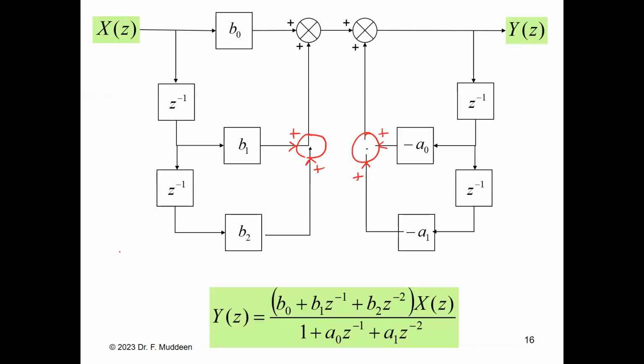Everything up until here was what we just had. This was the first order that we just drew. The second order one has an additional delay, and you multiply it by B2. And same thing with the output, an additional delay, and you multiply it by A1.